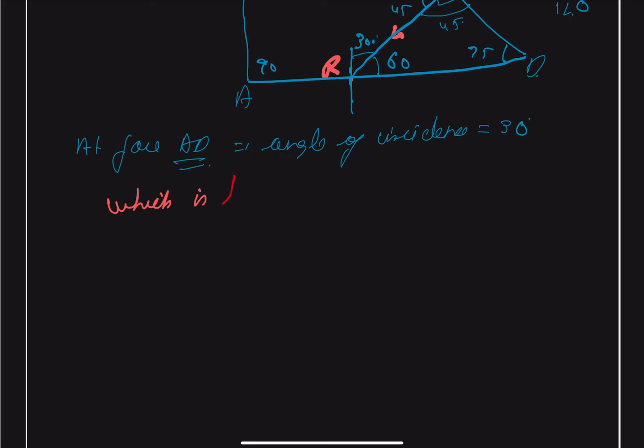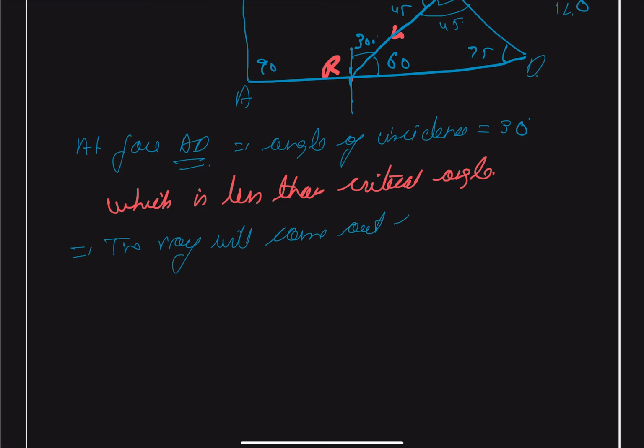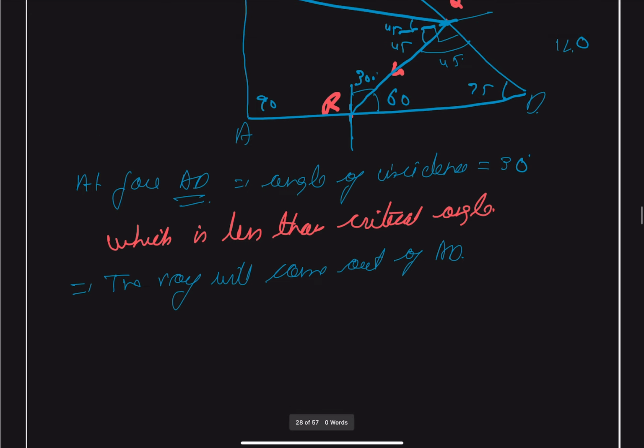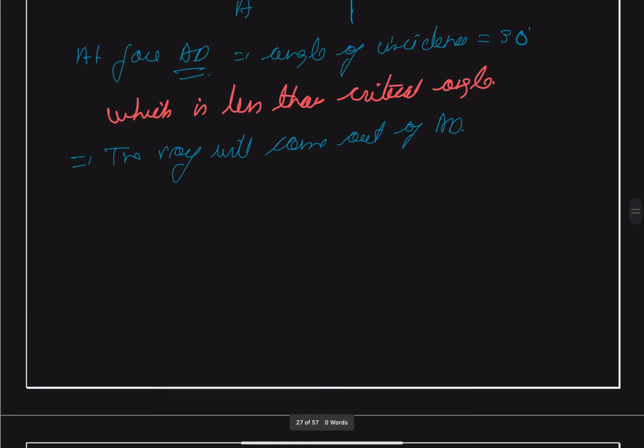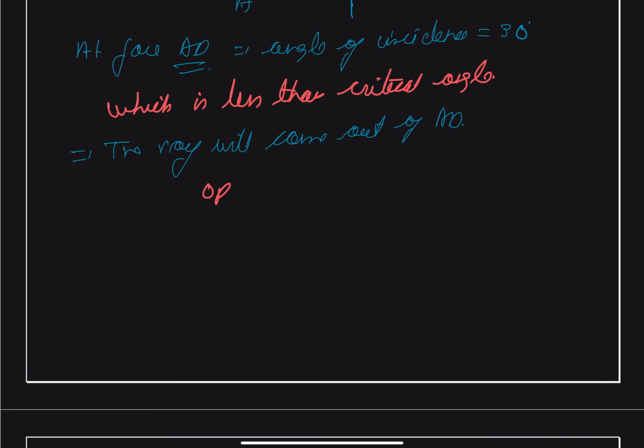Therefore, the ray will come out of AD. So option B is also correct.